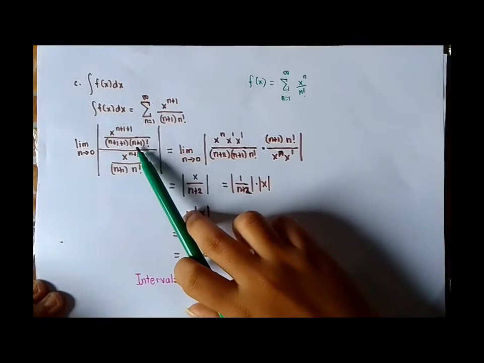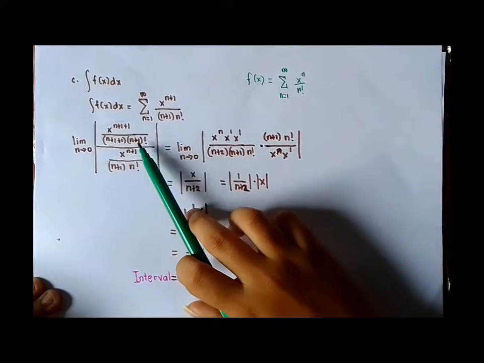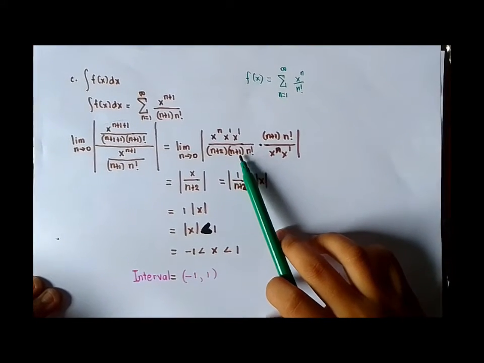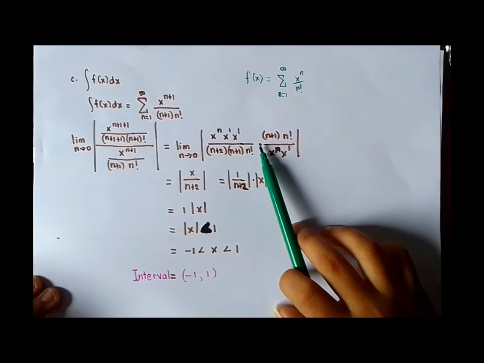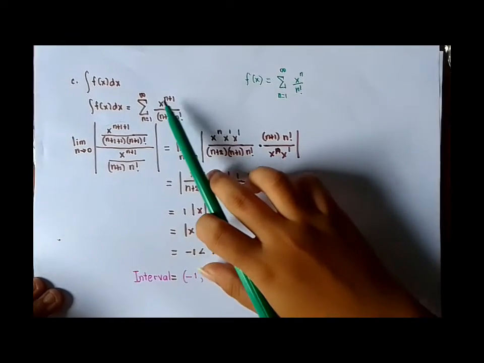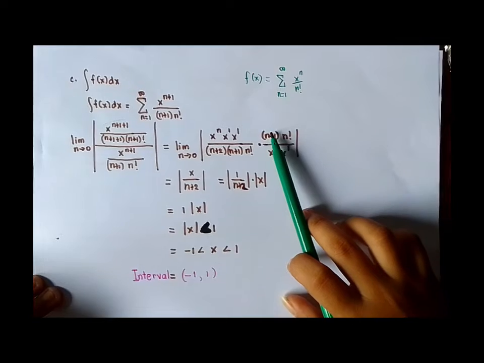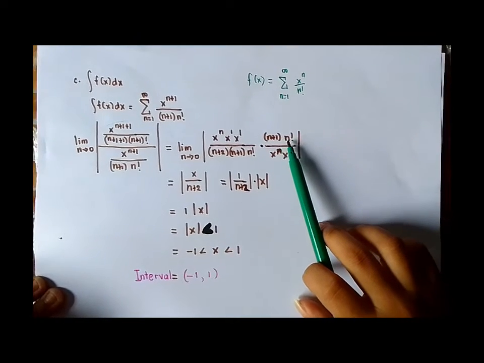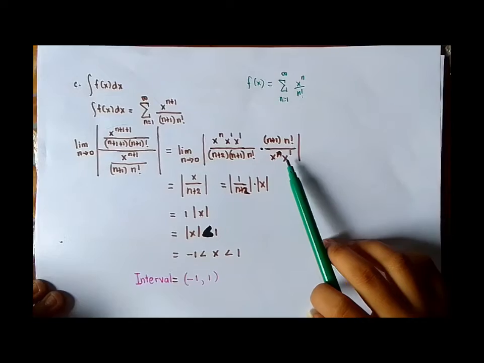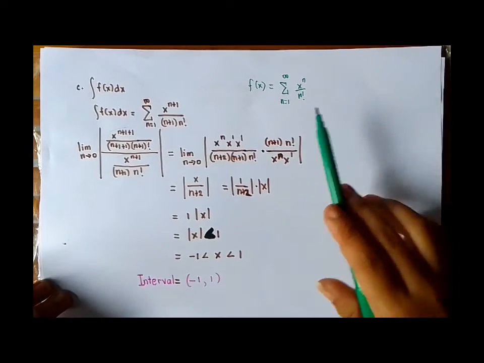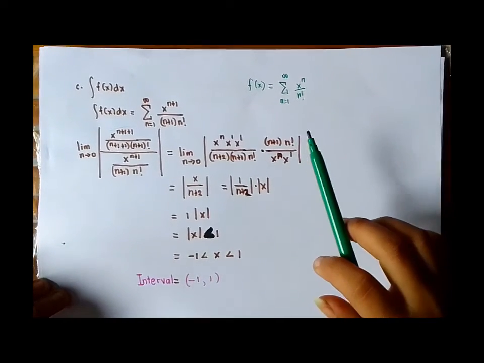And we'll factor our n plus 1 factorial here. We have n plus 1 times n factorial, times the reciprocal of our given antiderivative. We have the quantity of n plus 1 times n factorial over x to the power of n times x to the power of 1. Then we'll cancel out the same factors.